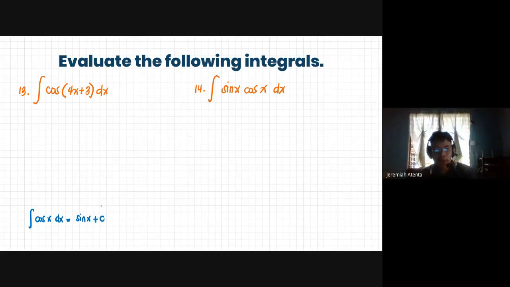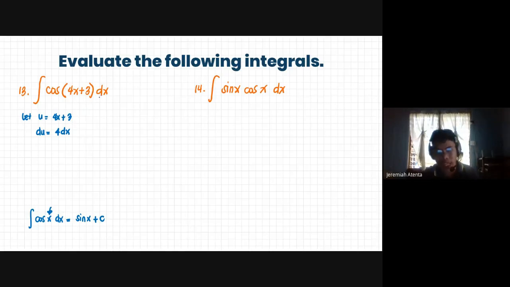Okay. Now, we only need x for our argument here, but we have 4x plus 3, so we need to change this one. Okay? So first, we will let u be equal to 4x plus 3. Ayan. Then it will follow that du is just 4 dx.